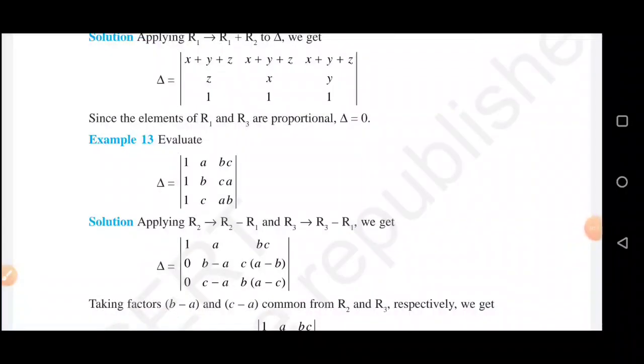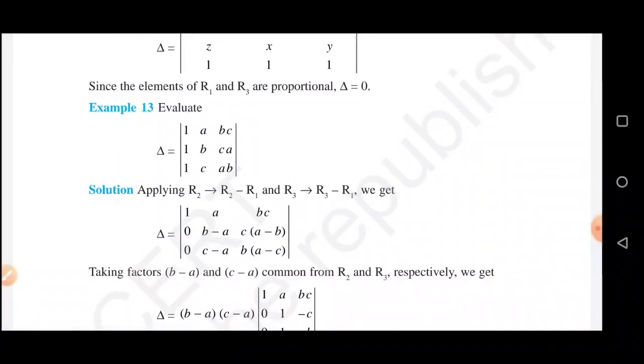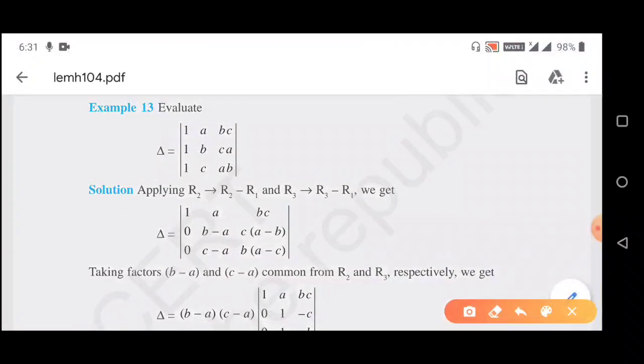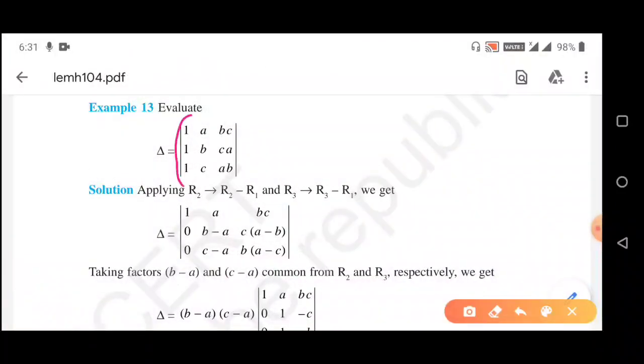Example 13. In example 13 the question is evaluate. So for that in column 1 we have 1, 1 and 1. So it will be easier for us to make this 1 0. So for that the operations are done here.